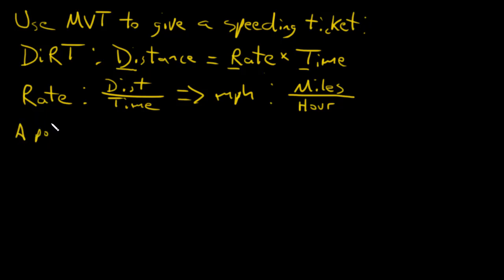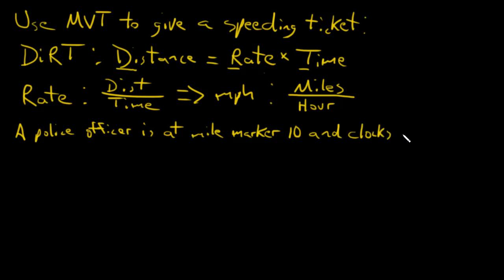So a police officer is at mile marker 10 on the interstate and clocks you going 70 mph, so 70 miles an hour, and which is the speed limit.